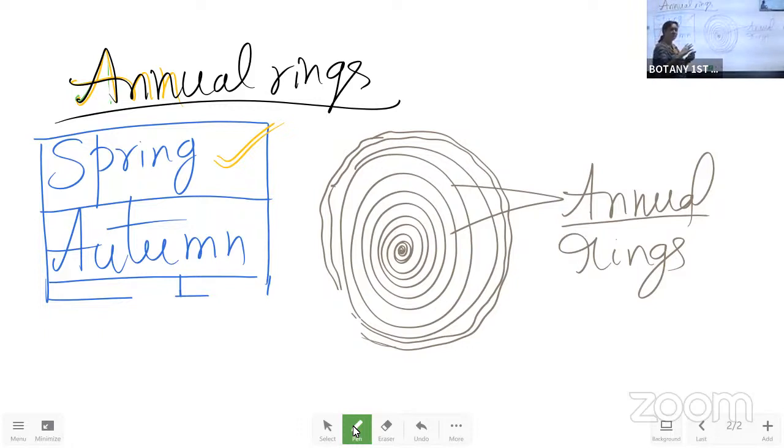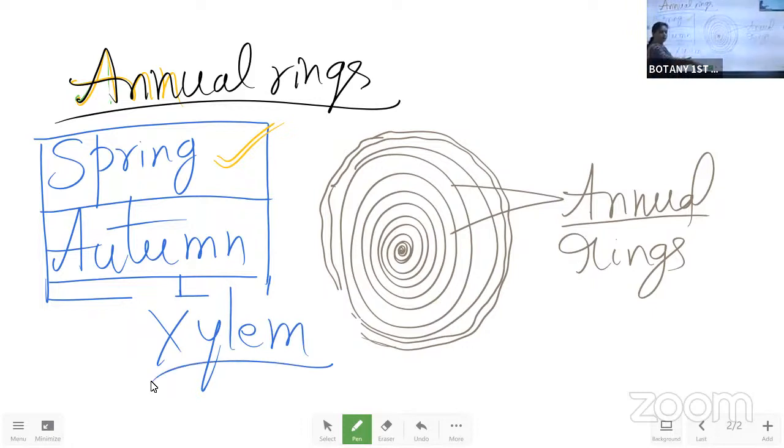So in the vascular bundles, that is in the central stellar region, two tissues are present: the xylem and the phloem. Which conducts water and transports water in the plant body? That is nothing but the xylem. So here xylem develops more because it needs to absorb and pump the water in the upward direction efficiently.